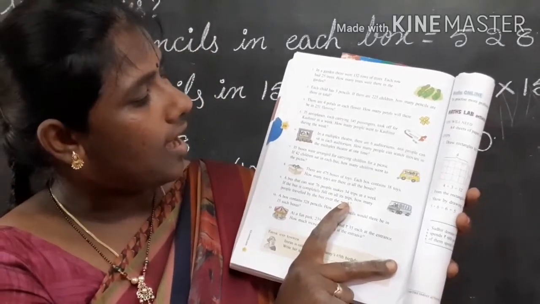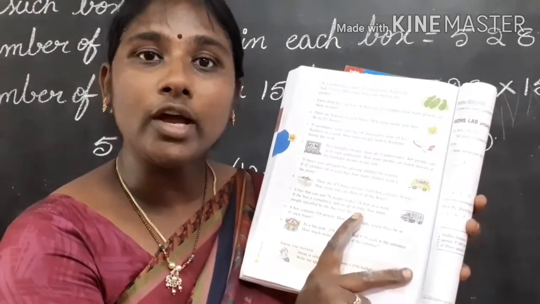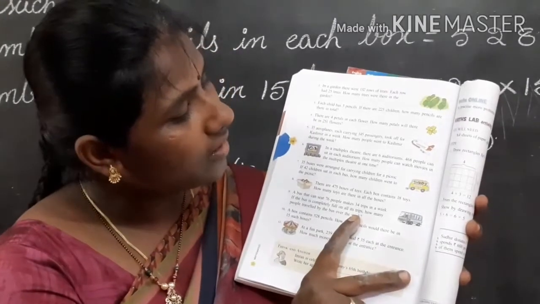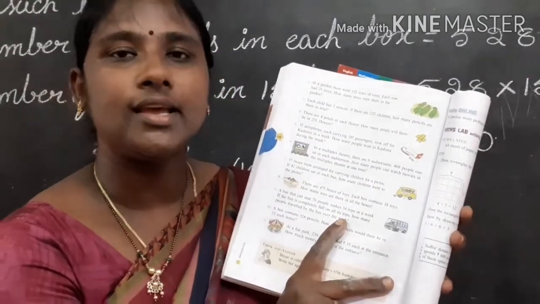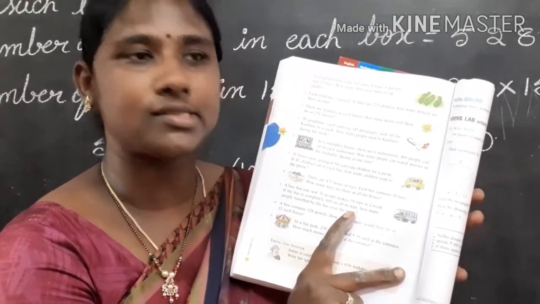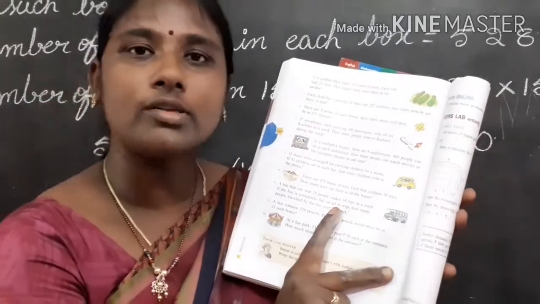Next, there are 475 boxes of toys. Each box contains 18 toys. In one box, how many toys? 18 toys in one box. So, how many toys are there in all the boxes?